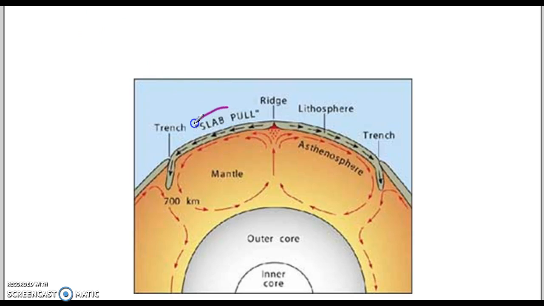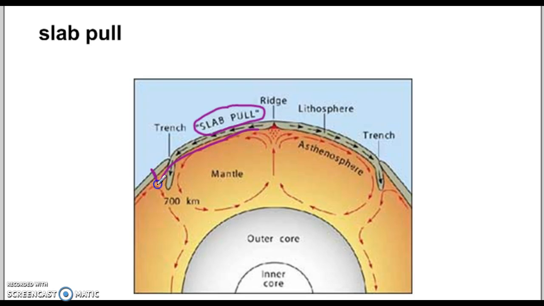And then the third force at work here, along with convection currents and ridge push, is called slab pull. The word slab is just another word for a big chunk of land or a tectonic plate. I want you to think about a plate being pulled. So here's the ridge, and it's being pushed away from the ridge. But down on this end, gravity is helping to pull the denser plate down into the asthenosphere.